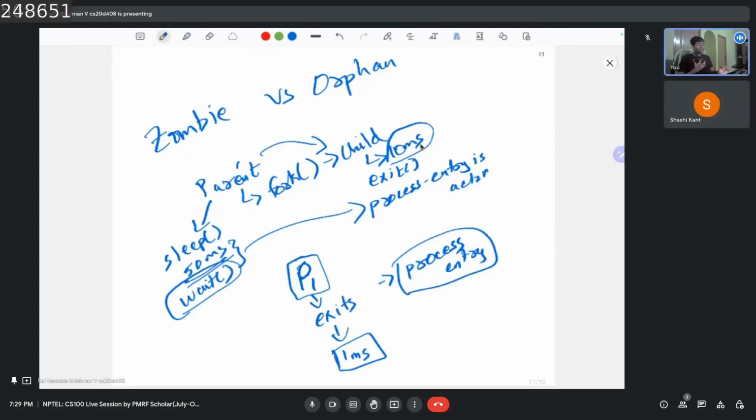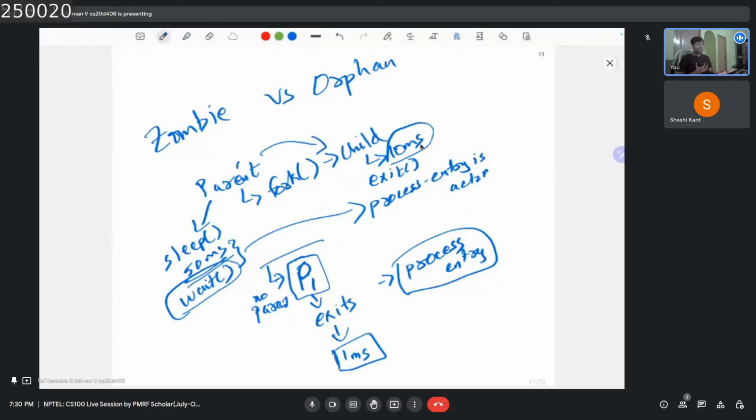In the zombie explanation, I took the example where P1 finishes execution, and there is one small time unit for which the process entry is still active. Here P1 does not have any parent. A zombie process, just take this definition literally.